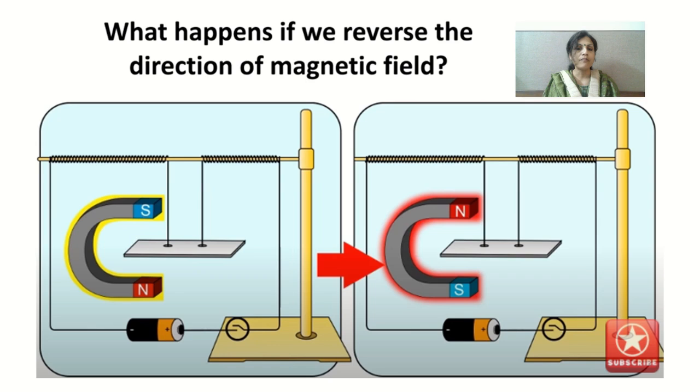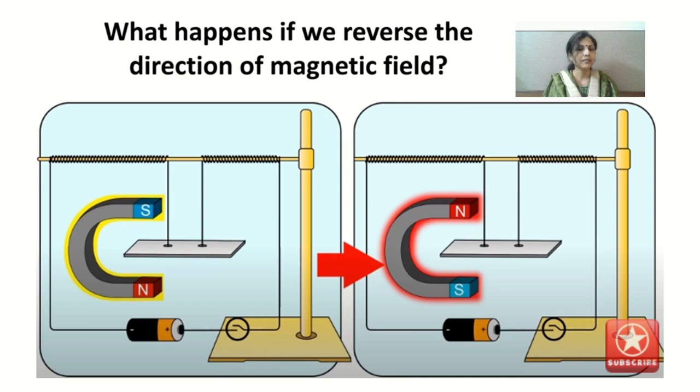So the direction of magnetic field we have changed, and we observe that if we change the direction of magnetic field, the direction of the force experienced by the conductor also changes. So from both the activities, we can conclude that the force experienced by the conductor depends upon the direction of flow of electric current and also the direction of magnetic field.